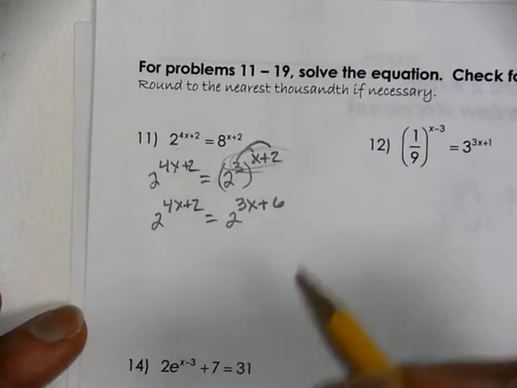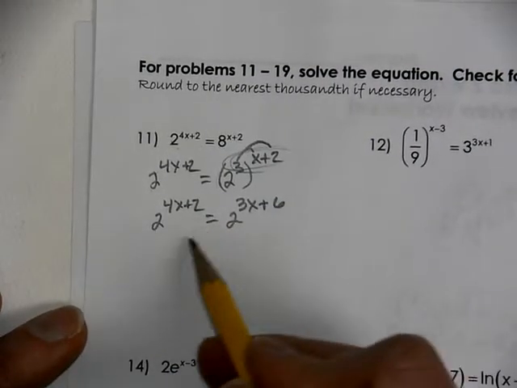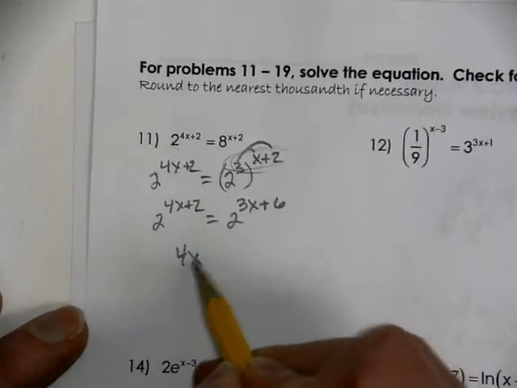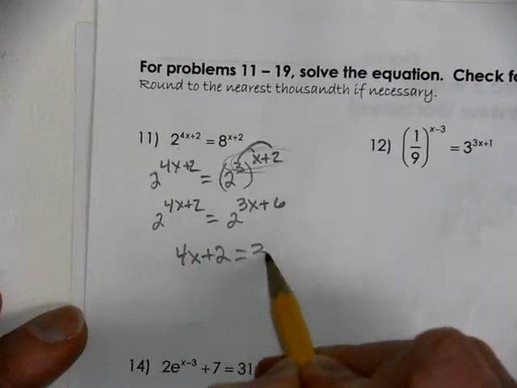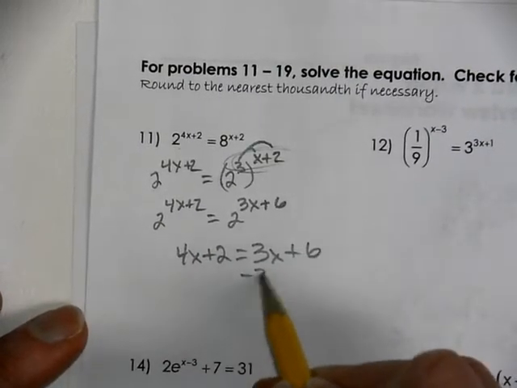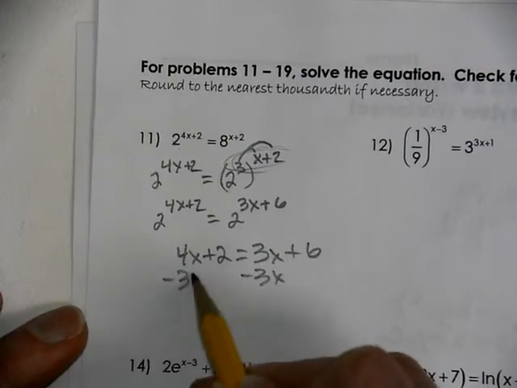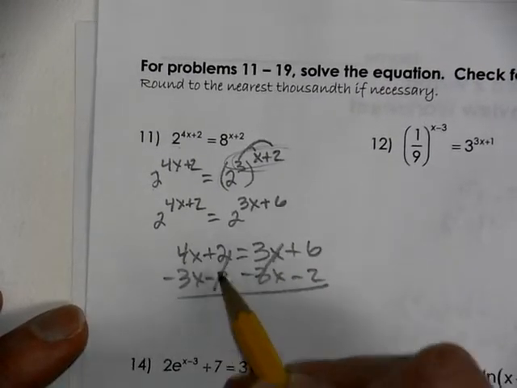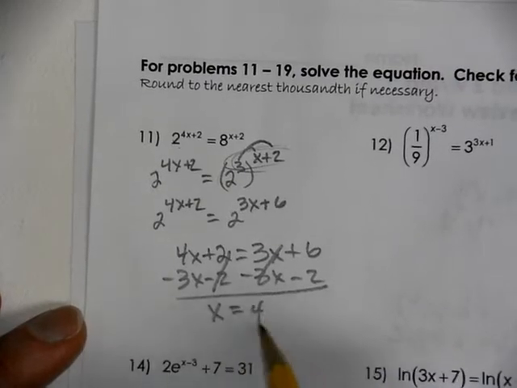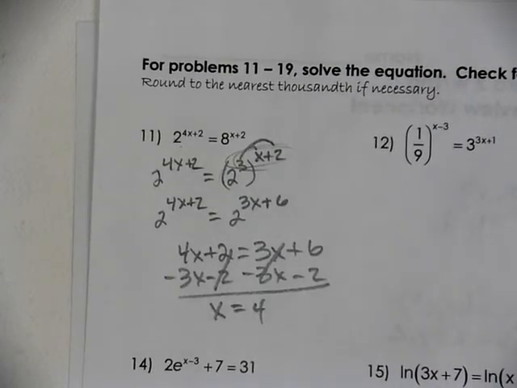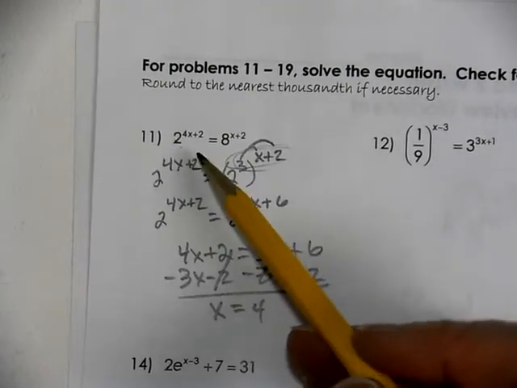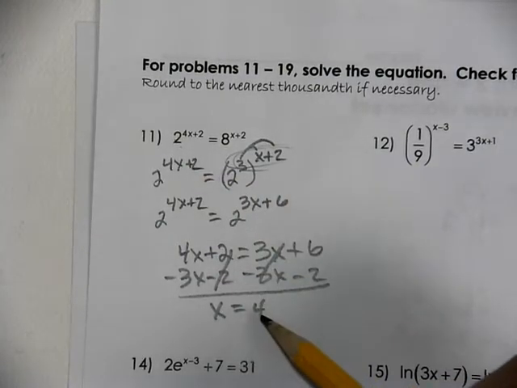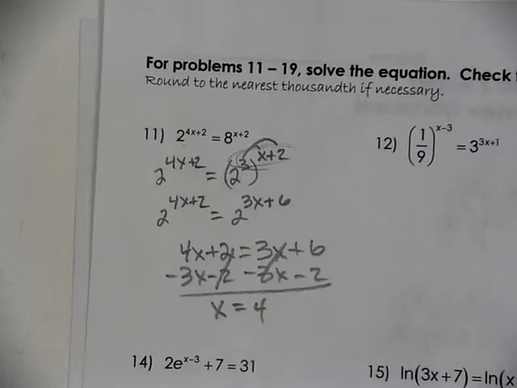You've got to distribute that through. Now, since the bases are the same, we can set the exponents equal to each other. So x is going to be 4. You can plug that back in and see if it makes sense. It's always an option.